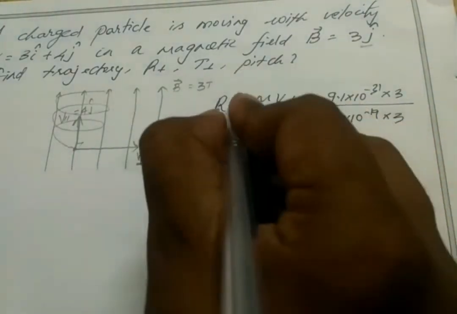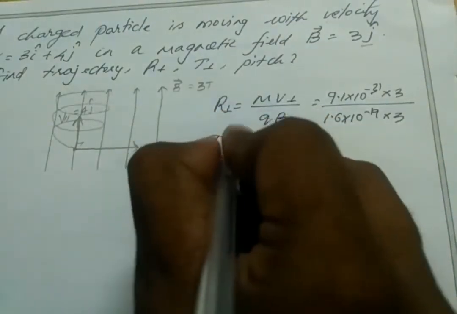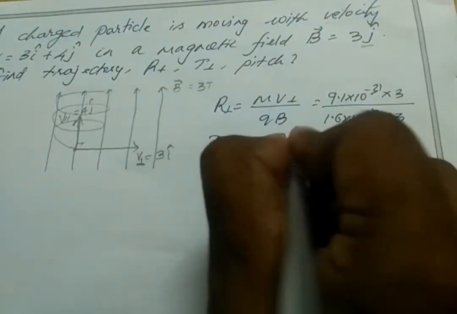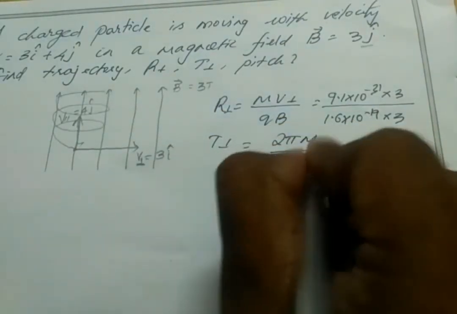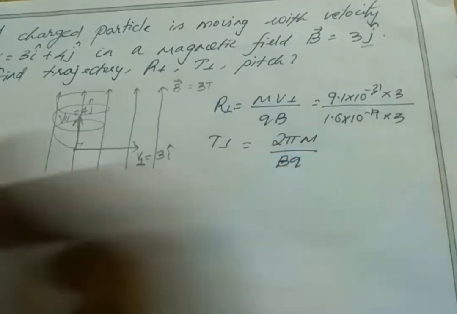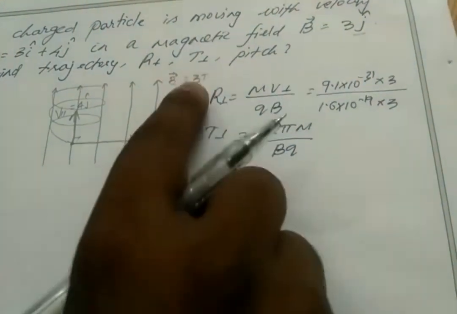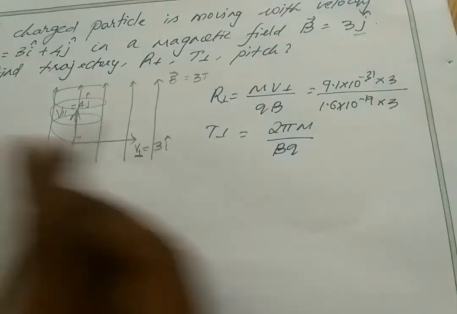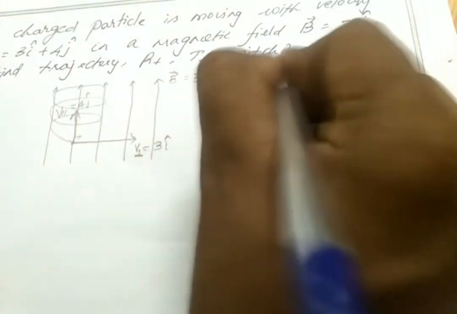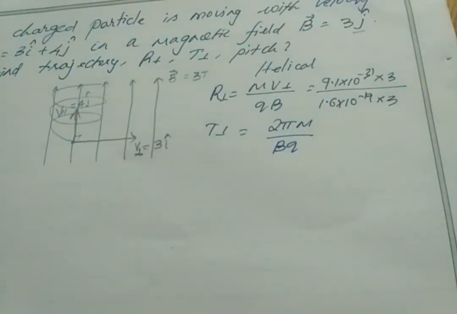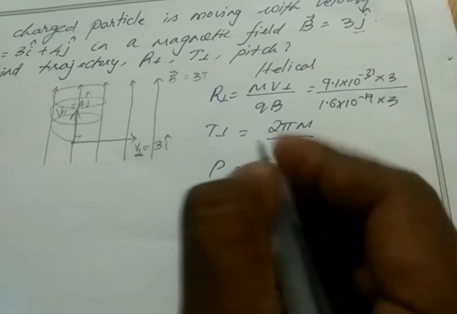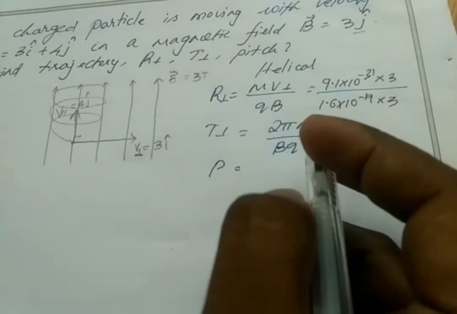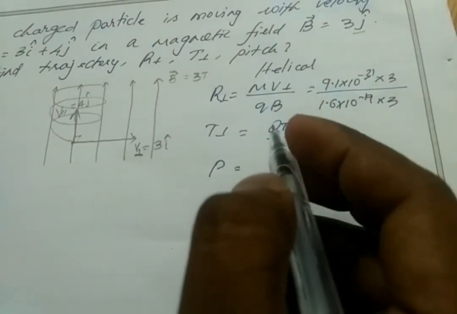So this is my radius, and the time period T equals 2πm by Bq. What is B here? 3 Tesla. We know the m value and q value. Here the trajectory is helical. Pitch p equals the parallel component times the time period.